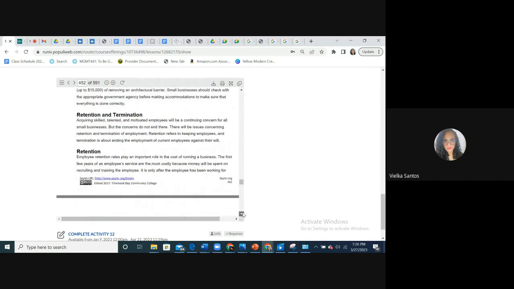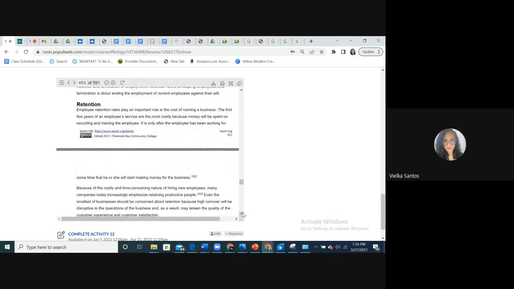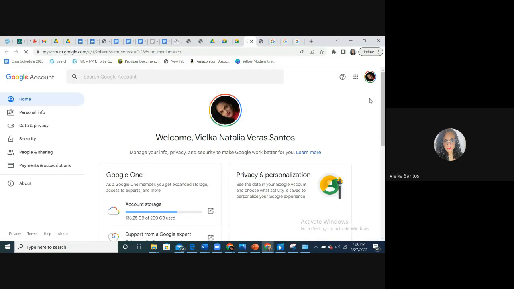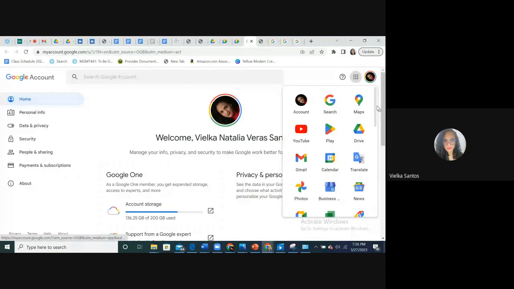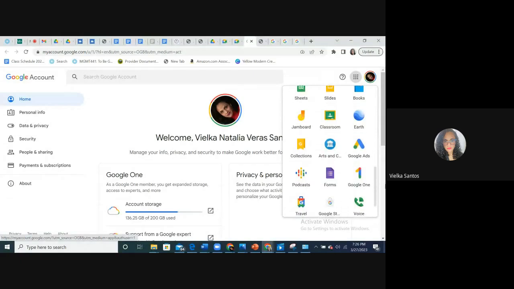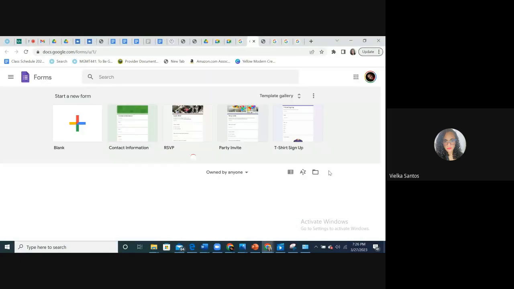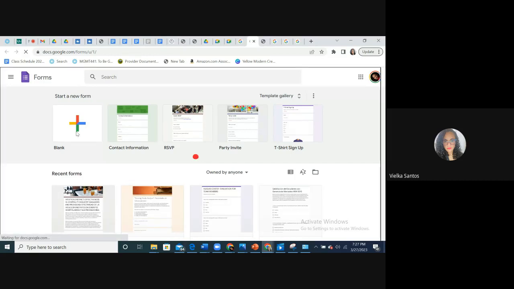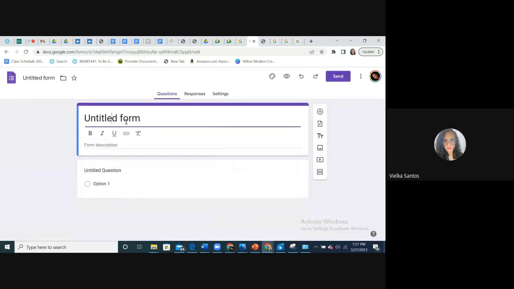Retention and termination. That's what I was explaining to you, something about measuring effectiveness. Another way to measure your effectiveness that I have been talking with you about is using Google Forms. It's a free tool, and if you have a small business and you want to know how is the satisfaction of your employees, you can create your own little survey of employees of any business that you have.